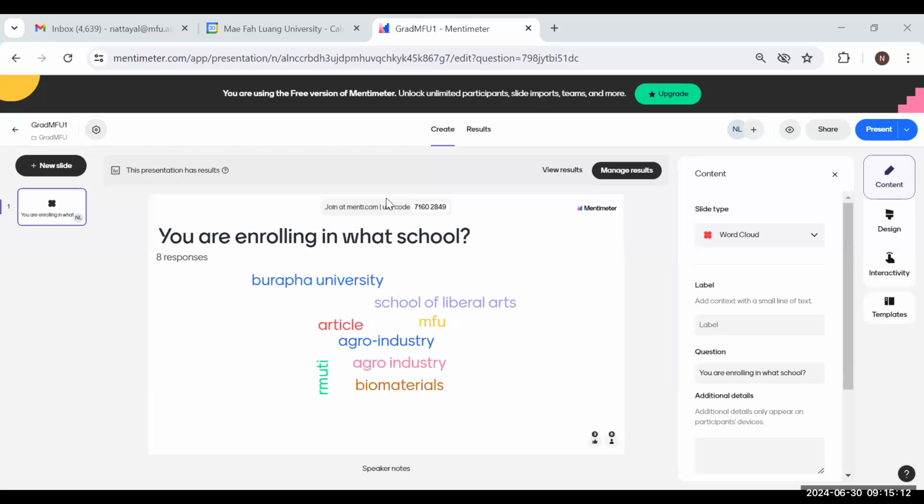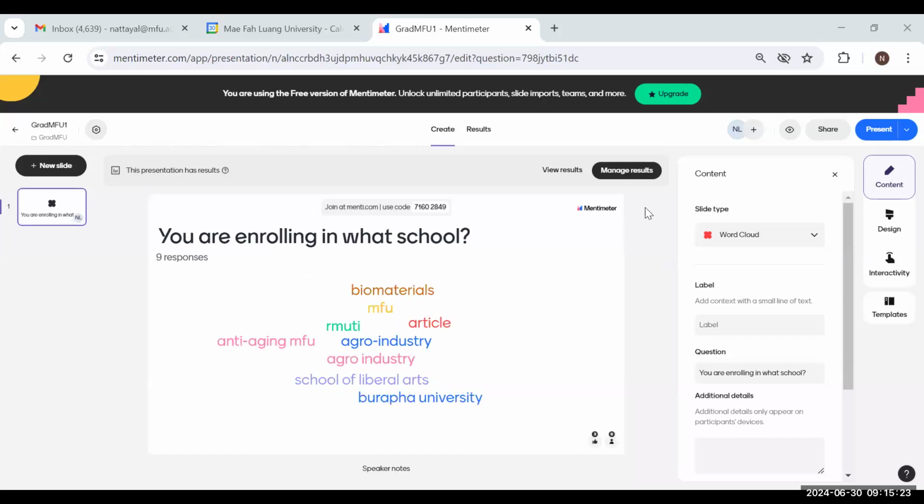Oh, from Rangsit University. Well, it sounds like we have several fields joining us today. And anti-aging, wow, excellent. MFU integrative medicine, wow, we have a variety of fields today. So I will be happy during my sharing if you ask me questions, and Thai is also welcome. All right, we have a lot of schools today.